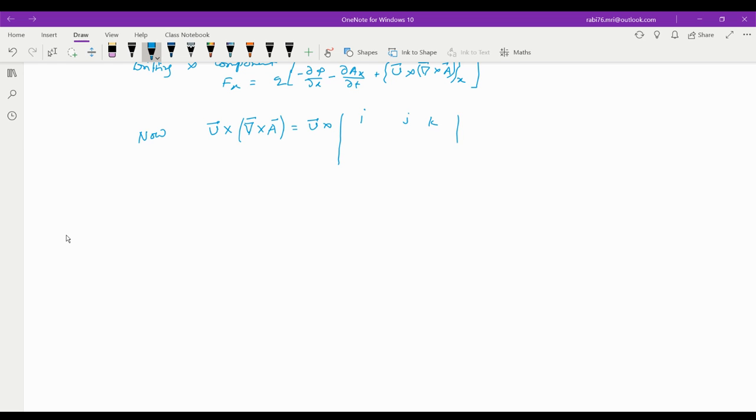We are taking Cartesian coordinate only. Right. Now if you want to take the X component, you don't have to derive all these things. In Vx, so this will be like this.